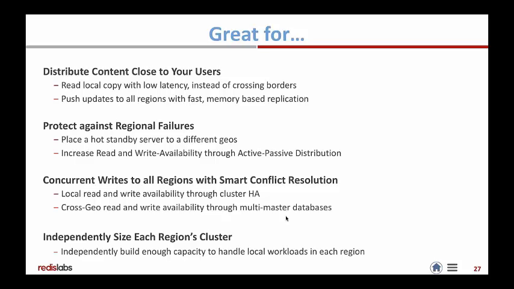Just like the other techniques, you will have your data locally. It protects against regional failures, just like the previous topology, but it allows you to have concurrent writes to all regions. And with the smart conflict resolution mechanism that we have through CRDT, you essentially gain all of the benefits all at once without having to be concerned about reading or writing across geographies.